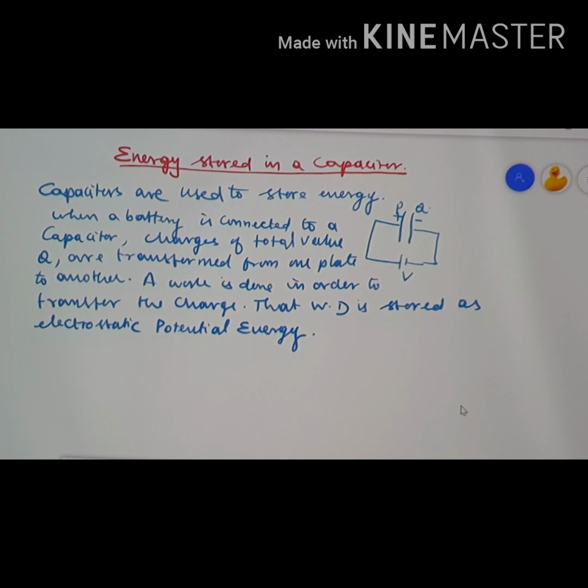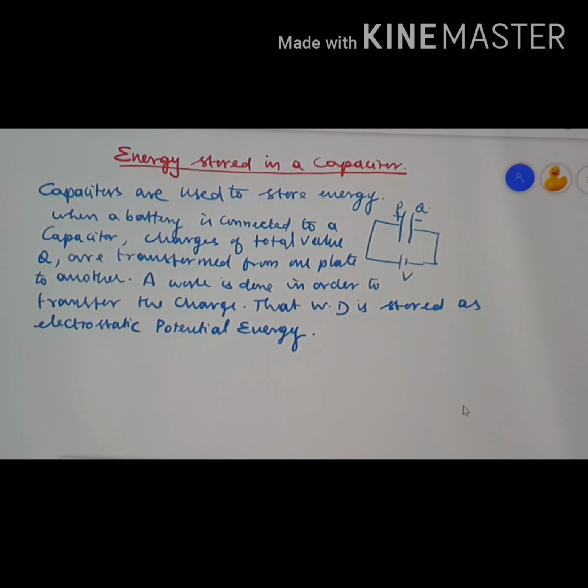Today in this video we are going to study the energy stored in a capacitor. When you are considering a parallel plate capacitor, we have already studied that capacitors are used to store energy. When a battery is connected to a capacitor, the battery may cause a total charge Q to be transferred from one plate to the other plate of the capacitor.